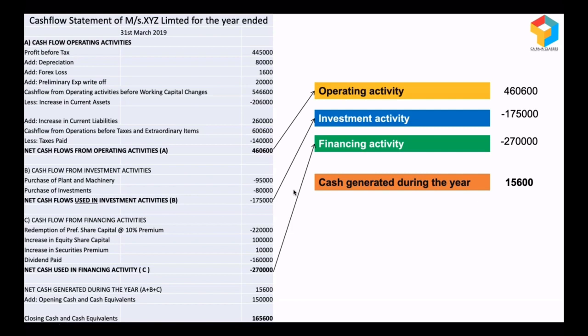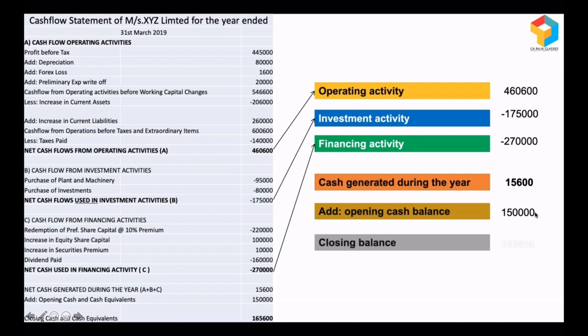We need not worry because look at their opening cash and cash equivalent position. They already had 1,50,000. If you add what they've made during the year, at the end of the year their position is really comfortable. It's actually better than the previous year. Previous year it was 1,50,000, and at the end of the current year it is 1,65,600.